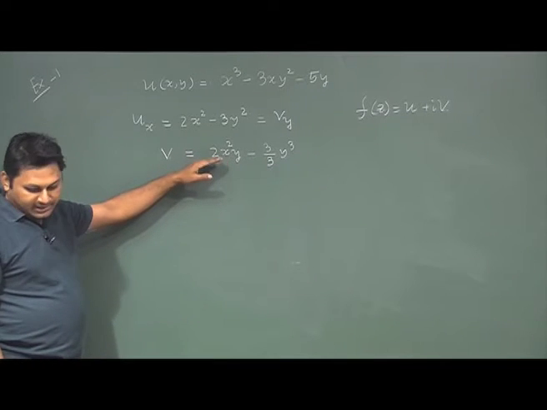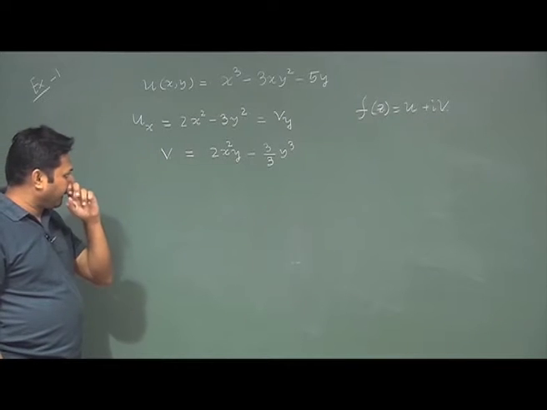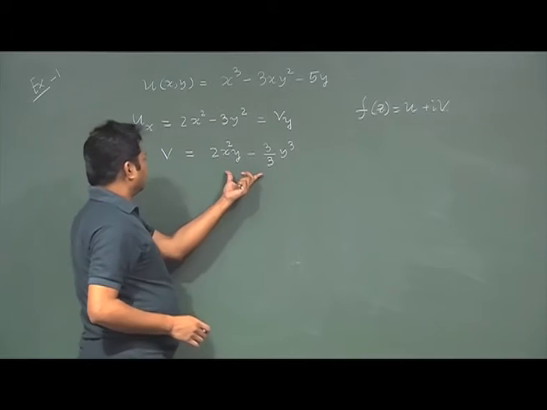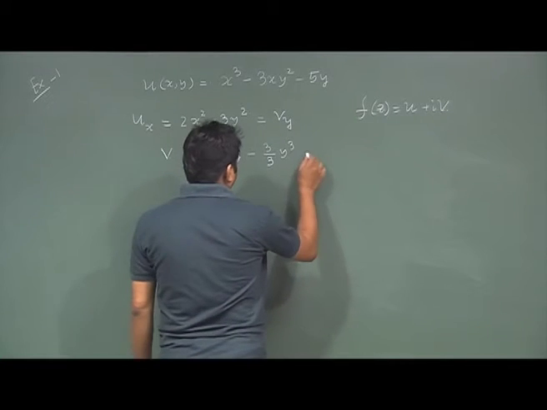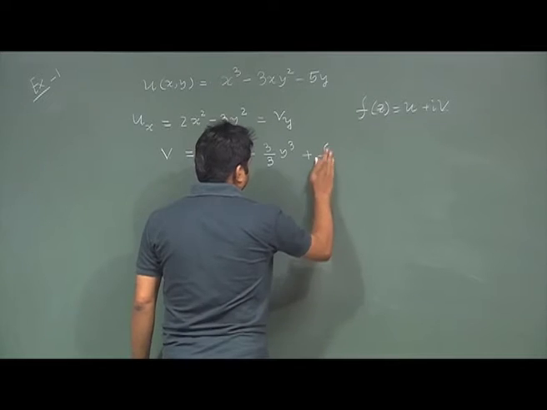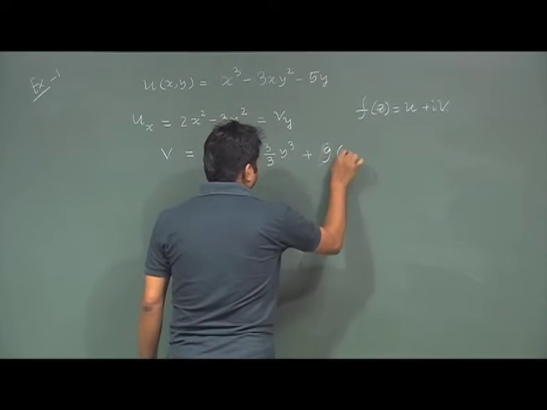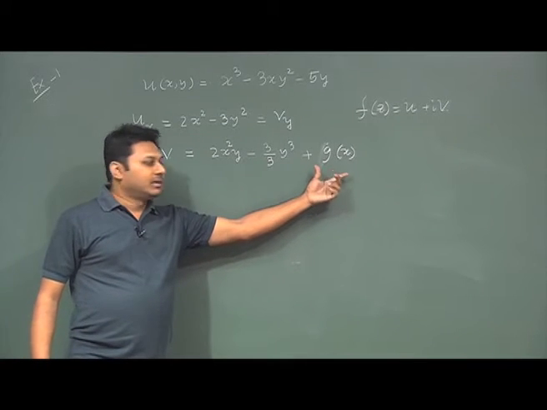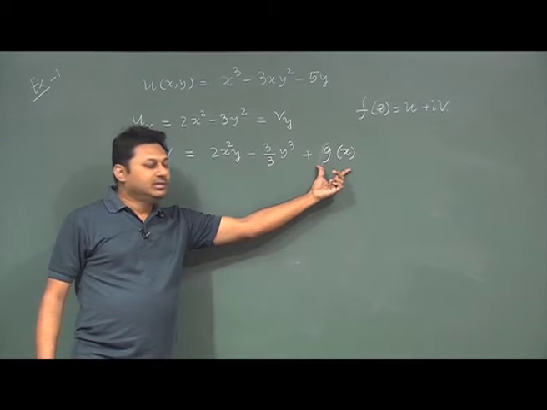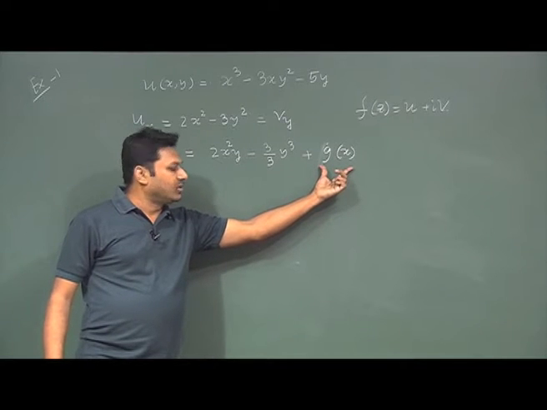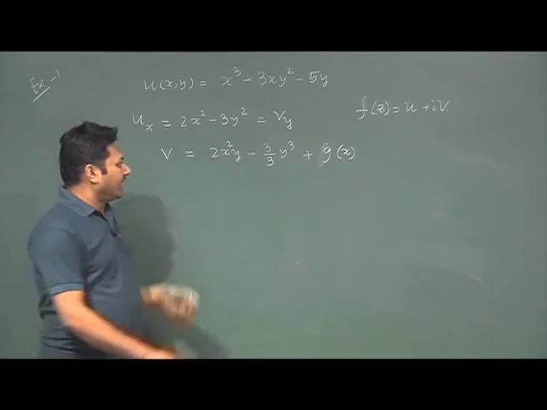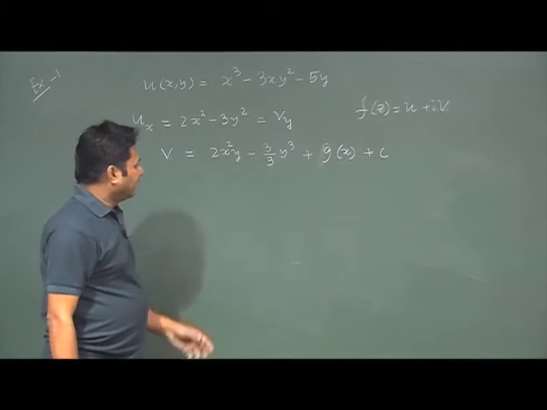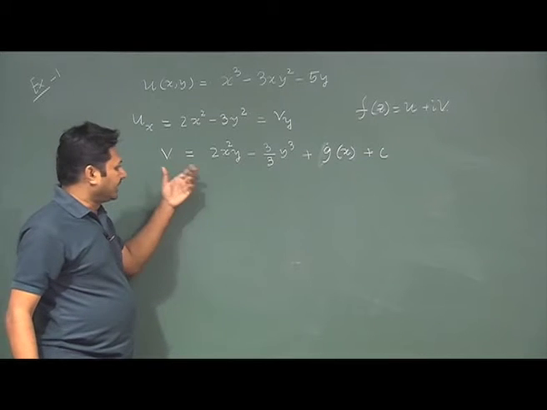So, I am doing the same thing here. I should put another function g(x) as a constant, because as I mentioned, and also I can put one c here, so that I can say my general form of v is something like this.